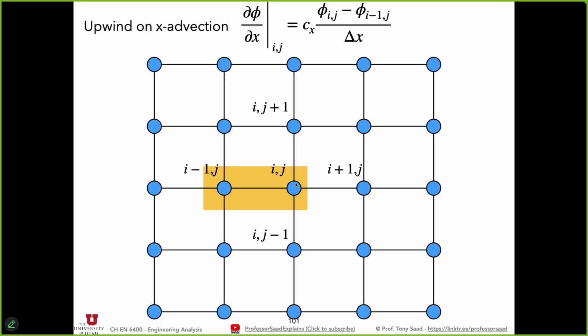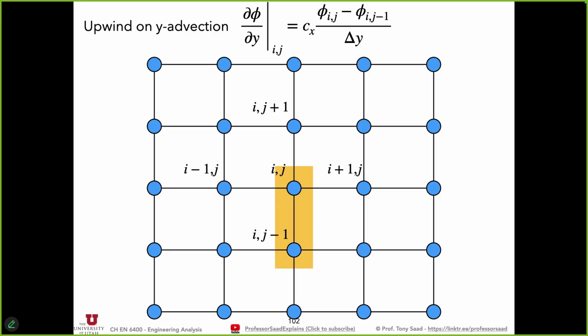I don't change j. The only thing that's changing is i. So the approximation is (phi_i minus phi_i-1) over delta x, while j is constant. So in terms of 2-dimensional indexing, it's phi_i,j minus phi_i-1,j. You're holding j constant, but you're differentiating with respect to x. And we're approximating backward. So i-1.